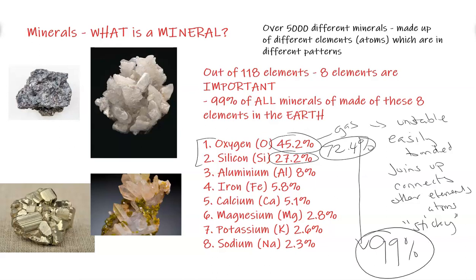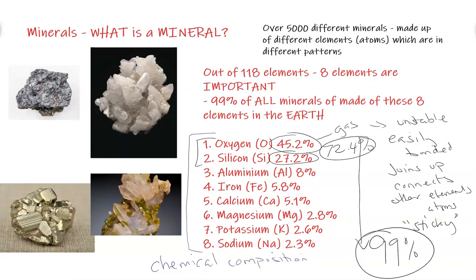So there are some rare ones that have other elements, but these are the common 8. So this would be our chemical composition as one of the 5 characteristics that make up a mineral. A mineral has to have a certain or specific or definitive chemical composition made up of mostly one of these 8 different elements listed here.